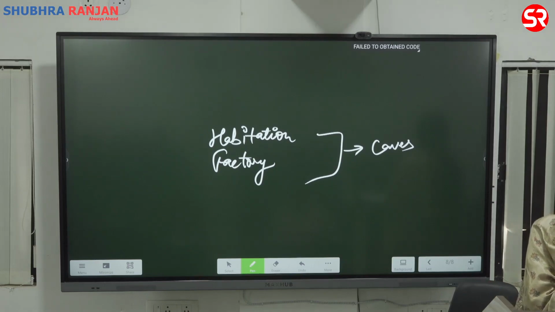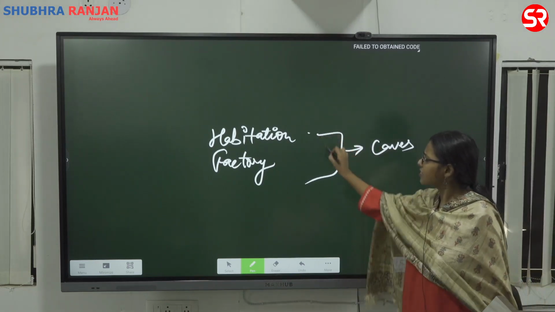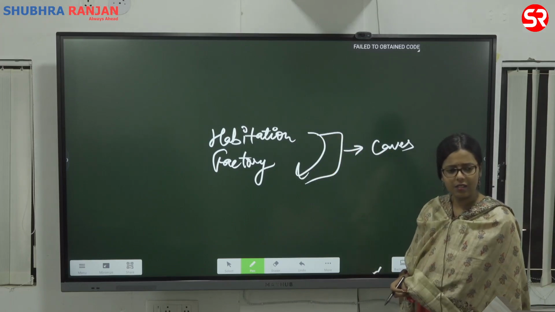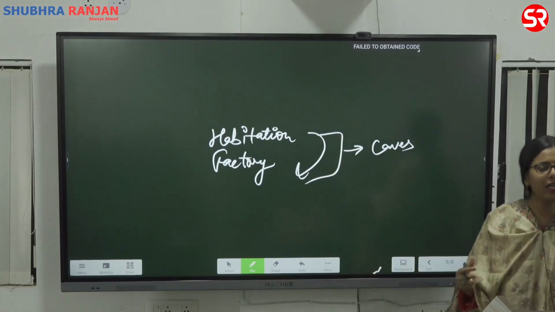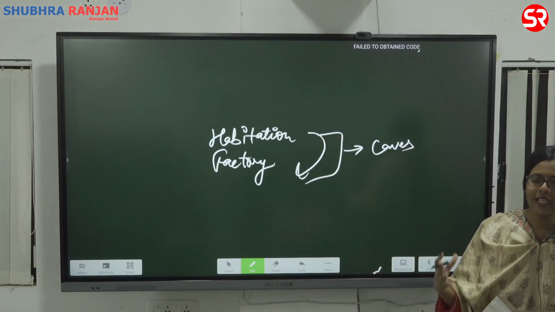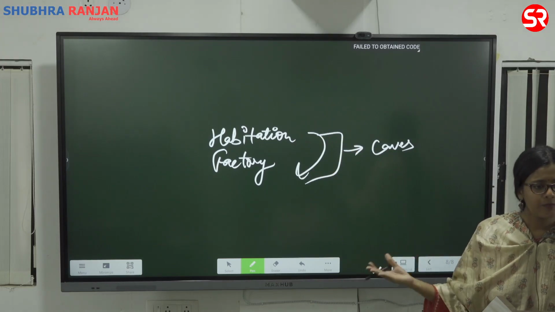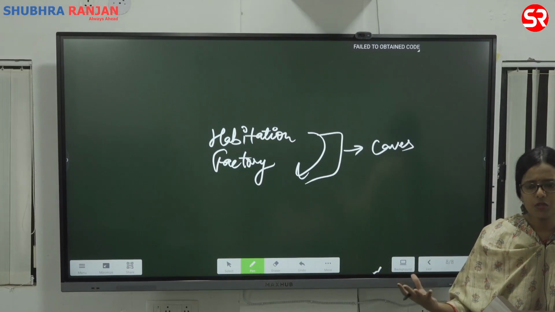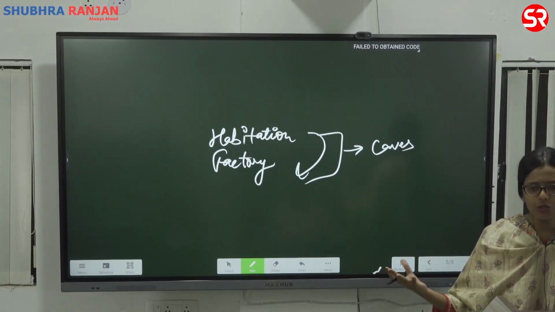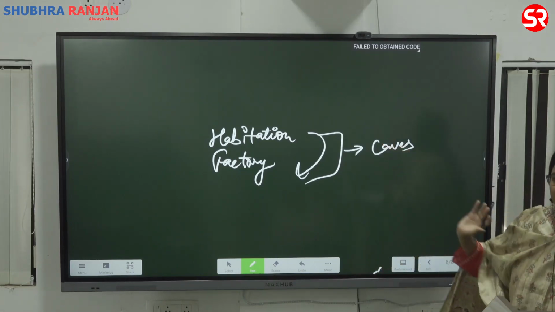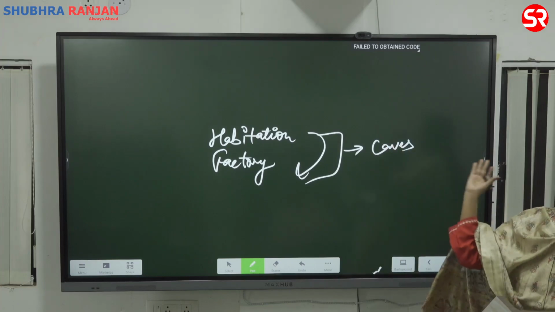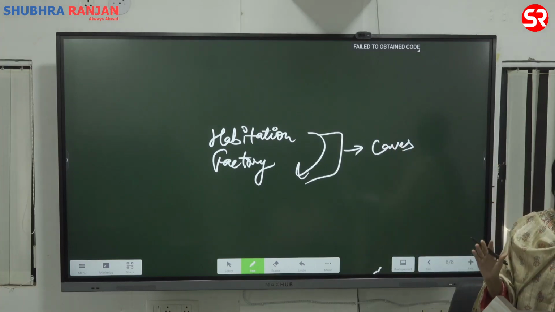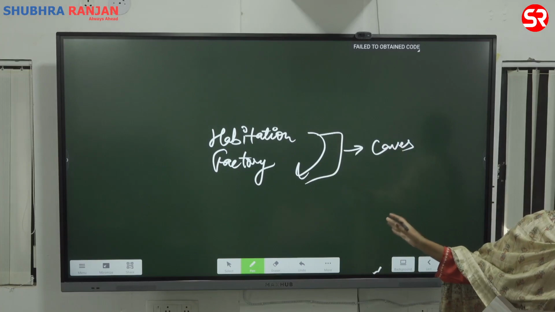At most of the times, this habitation site is also going to be the factory site. Sometimes they might not find adequate stone there. So they locate a different area nearby where they can find stones and they can make tools. That is why these two terms are used. Again, this is just for your basic understanding. Questions will not be asked on these things.